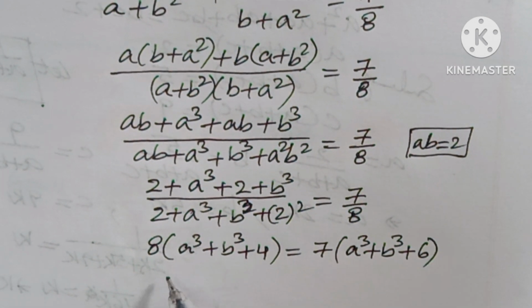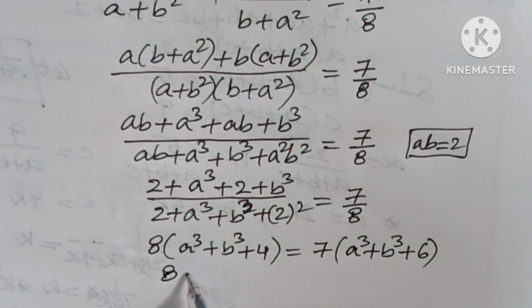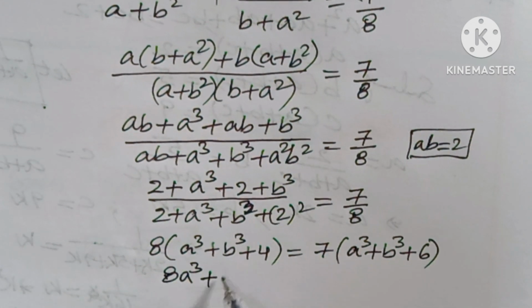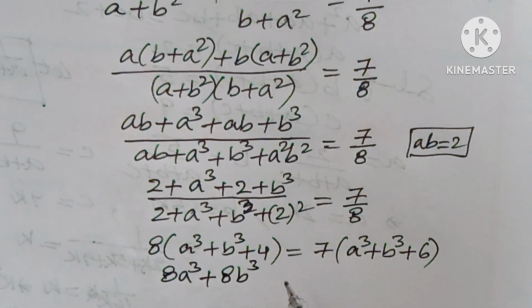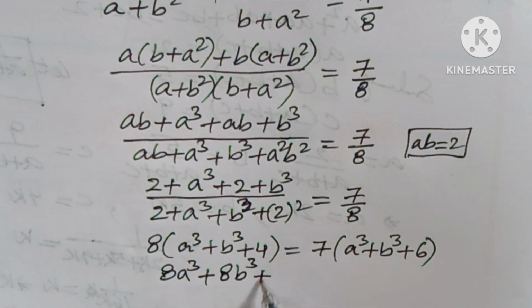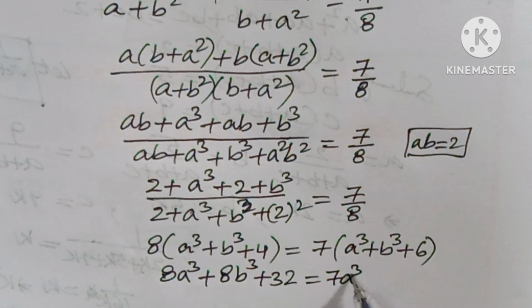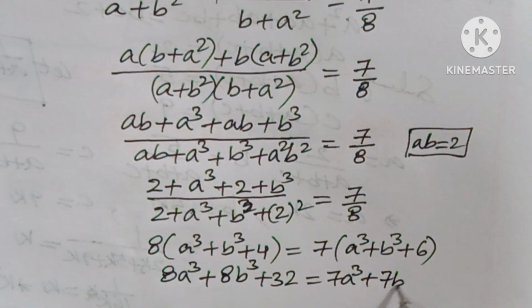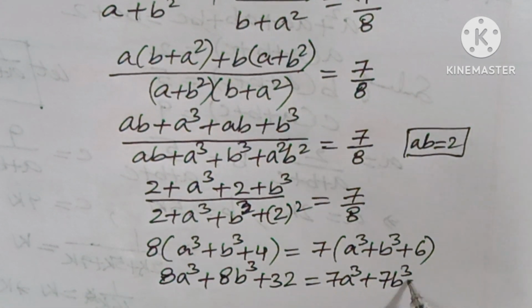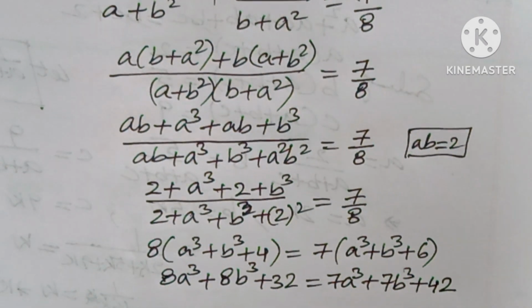Now multiply this: 8a³ plus 8b³ plus 32 is equal to 7a³ plus 7b³ plus 42.